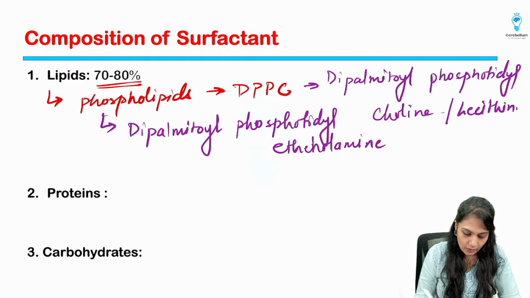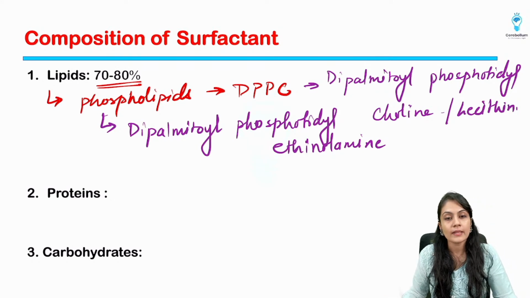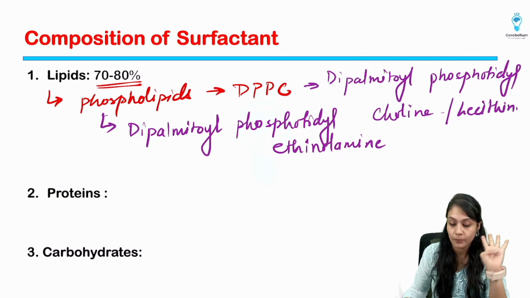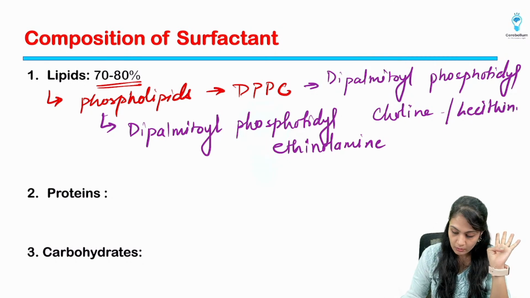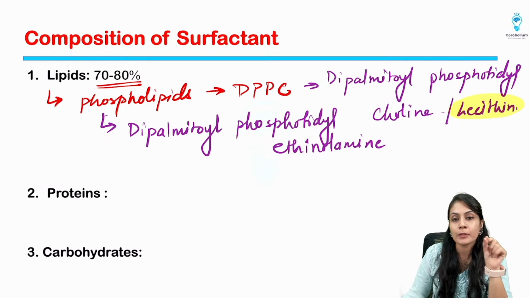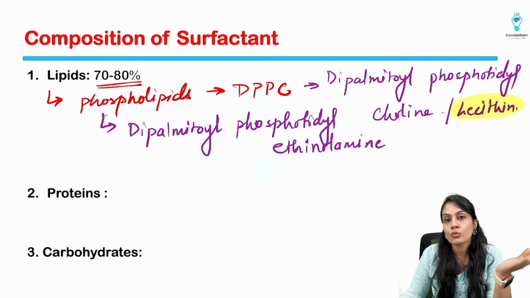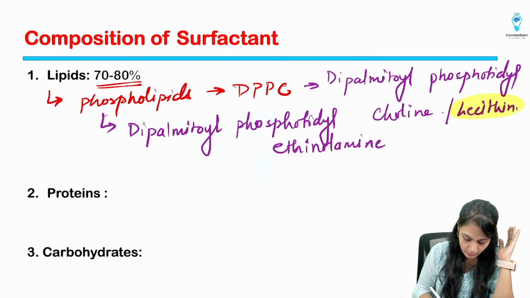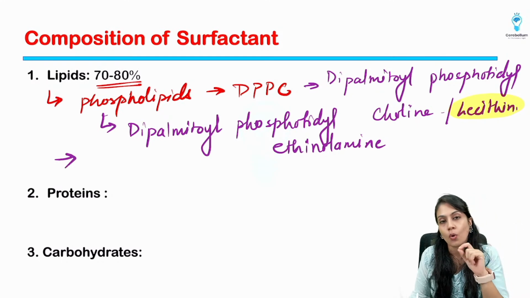Remember, dipalmitoyl ethanolamine is also going to be there, but it is not the main one, right? The main one is going to be DPPC, and the fourth option, option D, was lecithin. So please remember, it is a very tricky question that they are going to put up. They are going to just write dipalmitoyl phosphatidyl, but if you do not read the complete option, definitely you are going to mark it wrong. So please focus on each and every option.